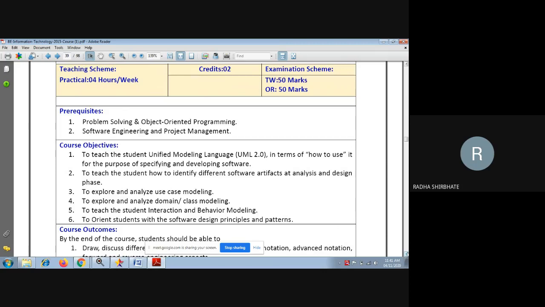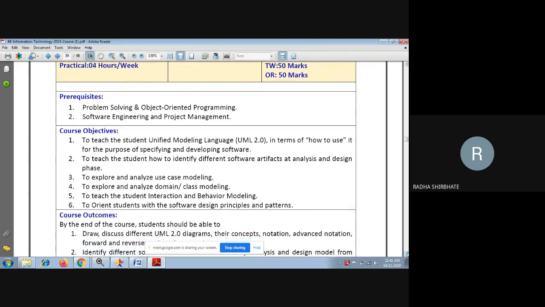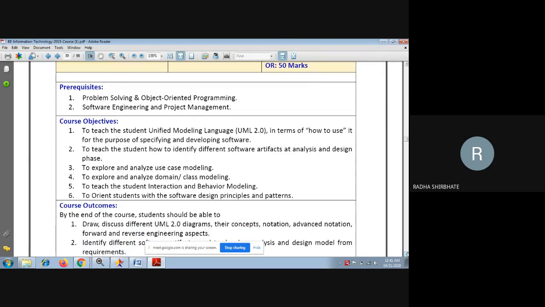We must be able to convert the analysis part into the design parts. Also, the student must understand the interaction and behavioral models, where we are going to study the different types of UML diagrams. Similarly, it orients students with software design principles and patterns.